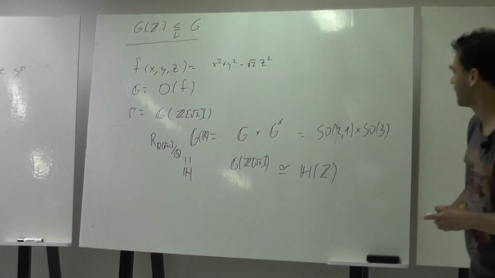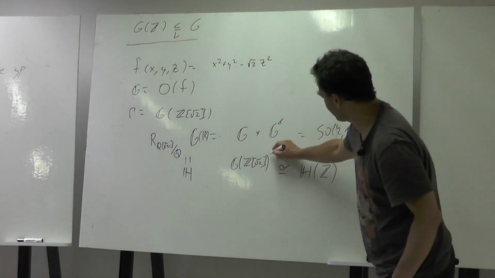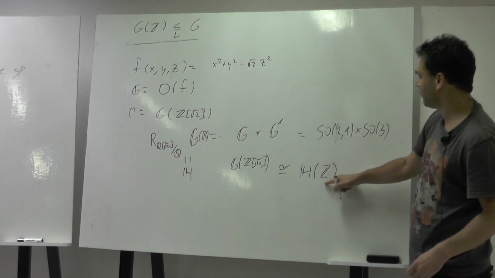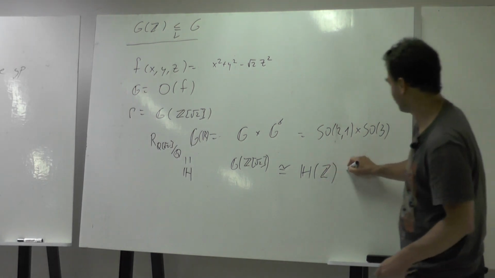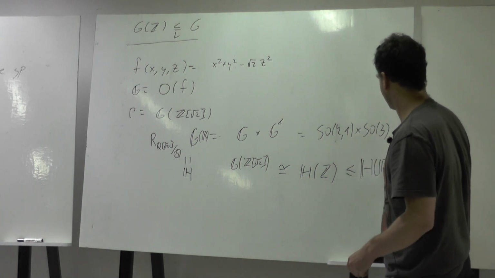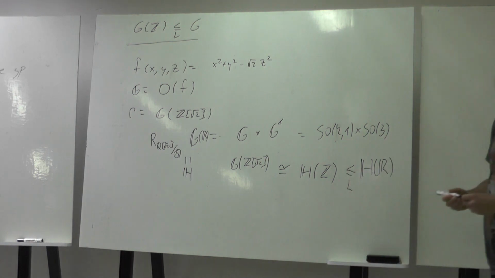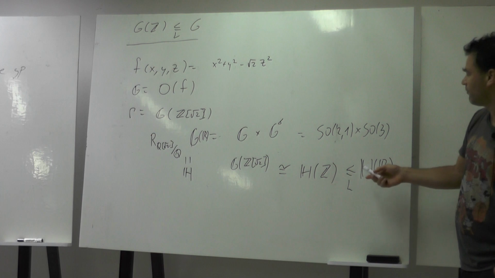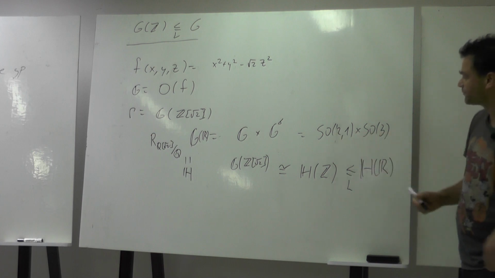So by the Borel-Harish-Chandra theorem, this group is a lattice in H, but also by what Nicola showed explicitly yesterday. It's a co-compact lattice in this group.